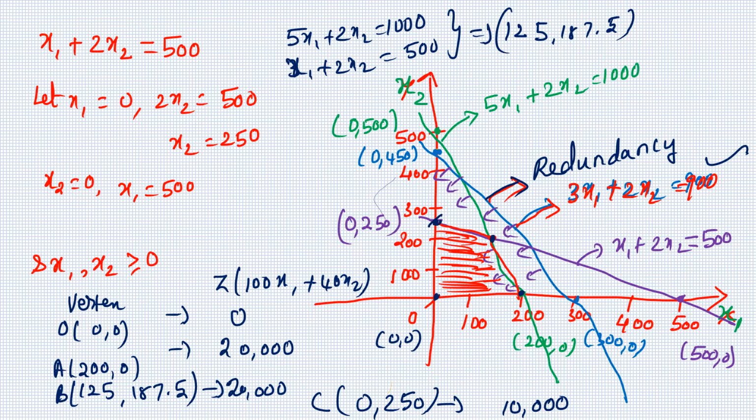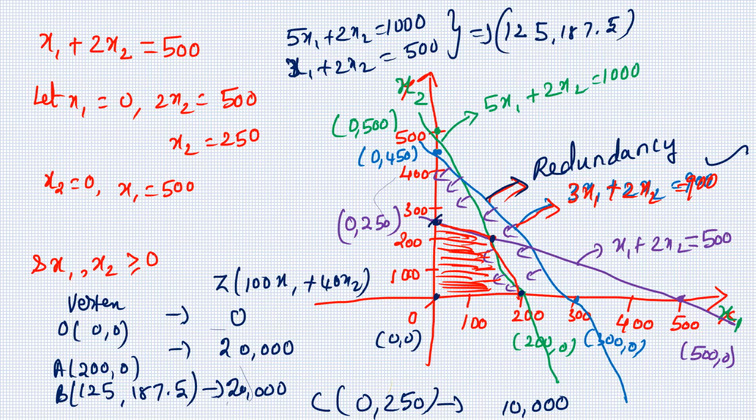So there is no unique optimal solution because it has an infinite number of solutions. We considered only two points and got 20,000. If you take other points also, we will get another 20,000. So we call this an infinite solution.